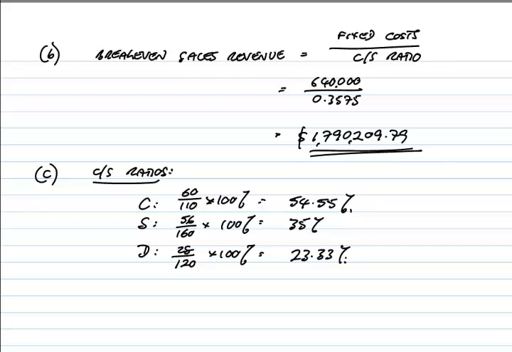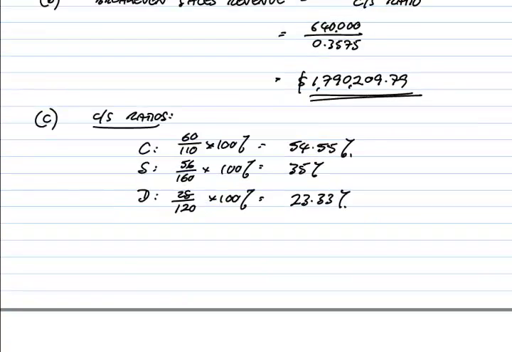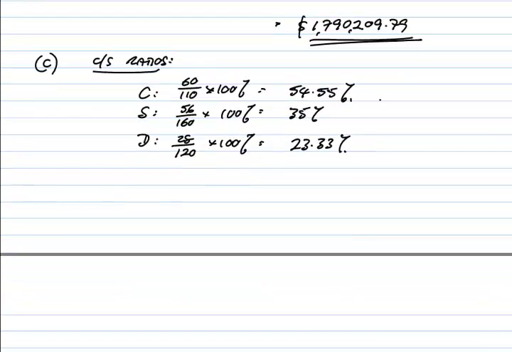Well, it says for part 1 we're going to sell them in the order of CS ratios, and so the highest first, C will be first, S will be second, as it turns out D will be third.